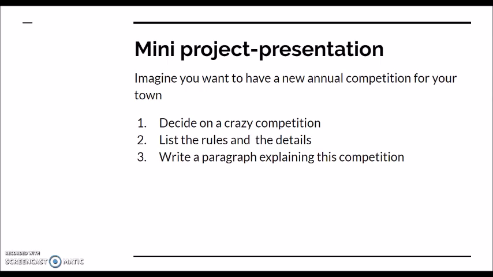You also watched a video and then chose one of the competitions. Now you are going to create one, the one that came up to your mind. For example, I can create a competition about worms. Race worms, for example, or who has the longest hair in the town, something like this, but a crazy competition.